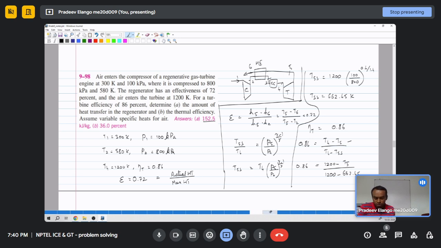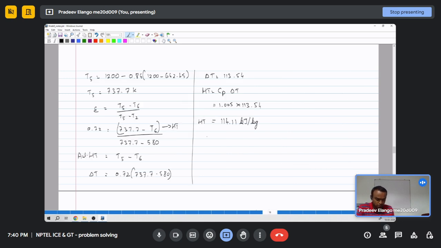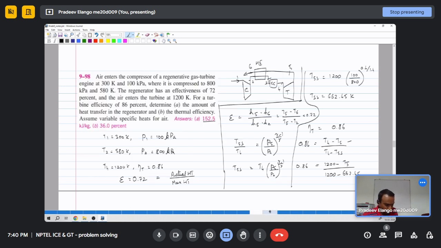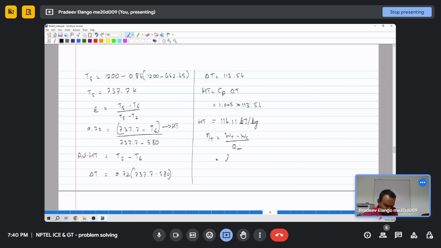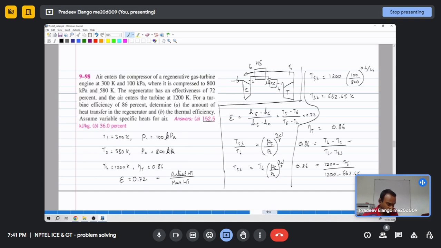It's alright. So now we can calculate the thermal efficiency. For thermal efficiency we need the work output, Wt minus Wc, divided by Qin. That is enthalpy H4 minus H5, minus H2 minus H1, divided by Qin, which is H4 minus H3.